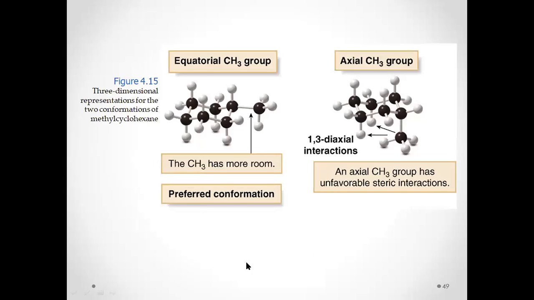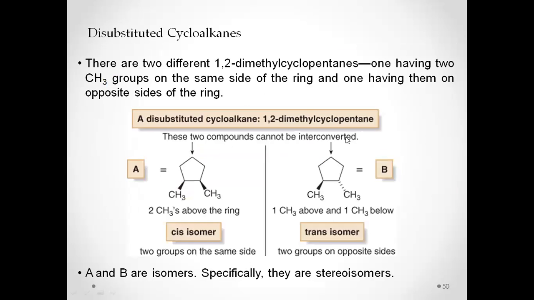Disubstituted cycloalkanes. Cycloalkanes may form cis isomers and trans isomers. We say cis if the two substituents are attached on the same side. This wedge bond means the bond is coming forward out of the plane, and the dotted bond means the bond goes backward.